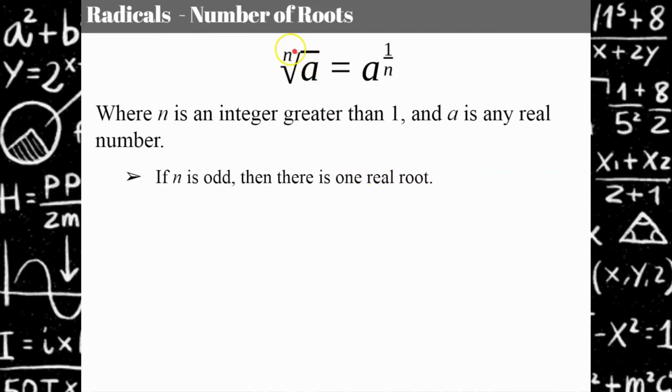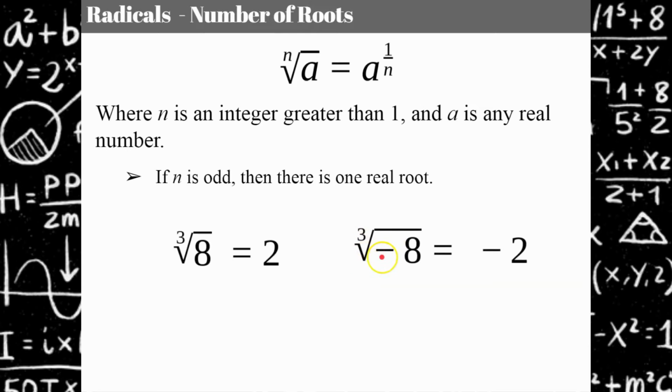So here's an example. Cube root of 8 is 2. The cube root of negative 8 is negative 2, because negative 2 times negative 2 times negative 2 is negative 8.